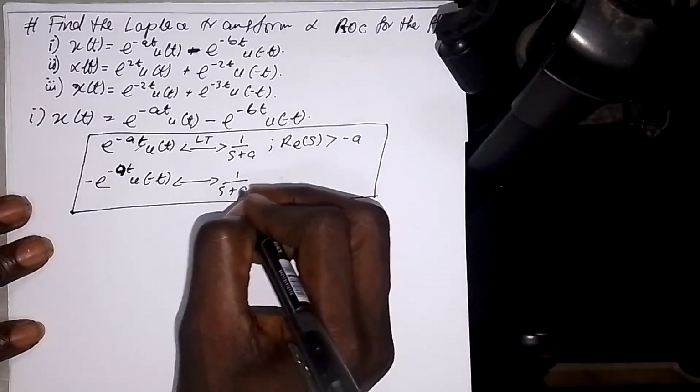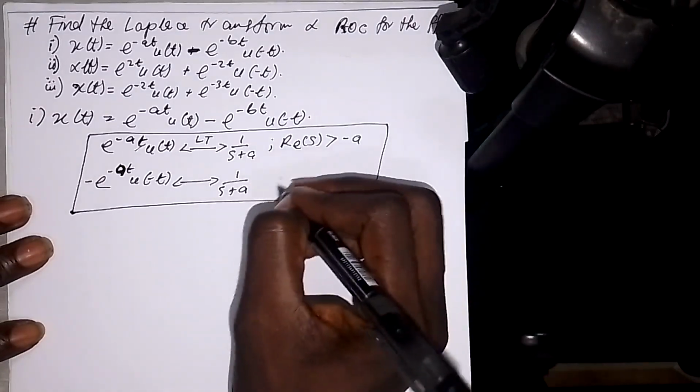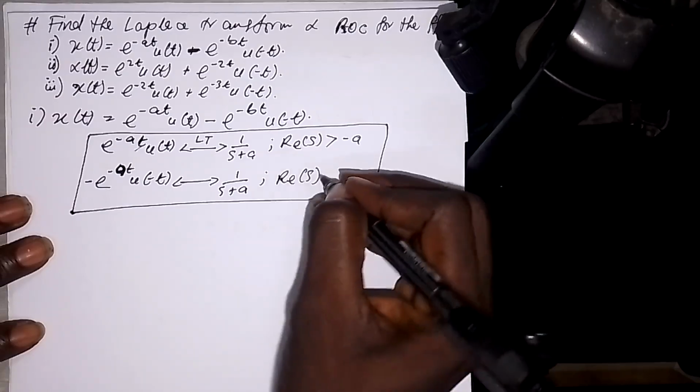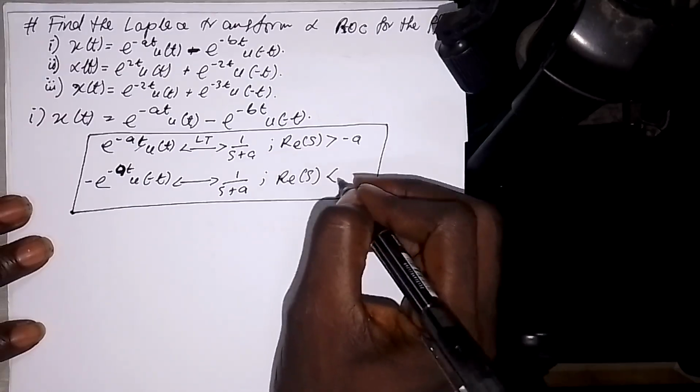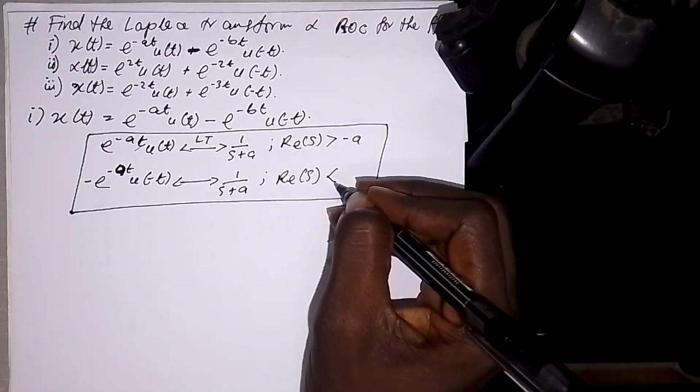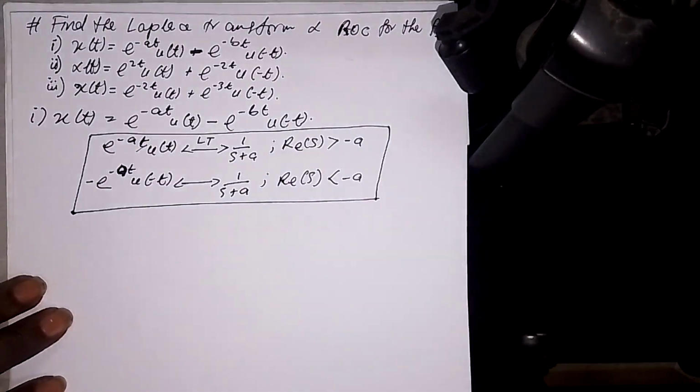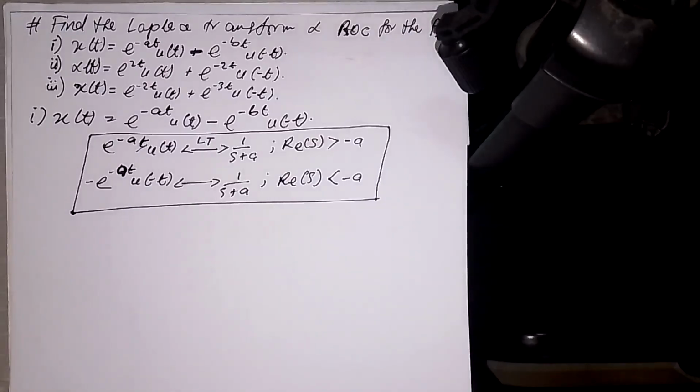So we got 1 over s plus a, and the equivalent ROC, we got real of s less than minus a. So this is what we got from that one.